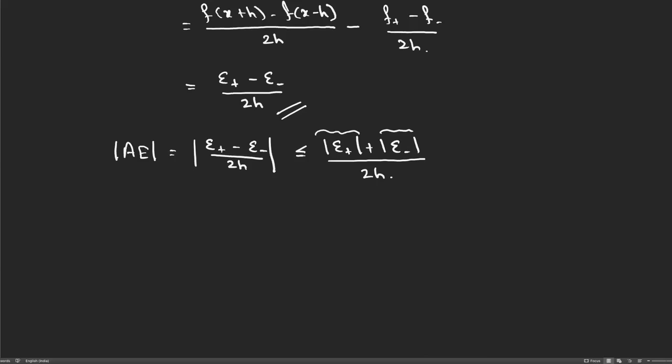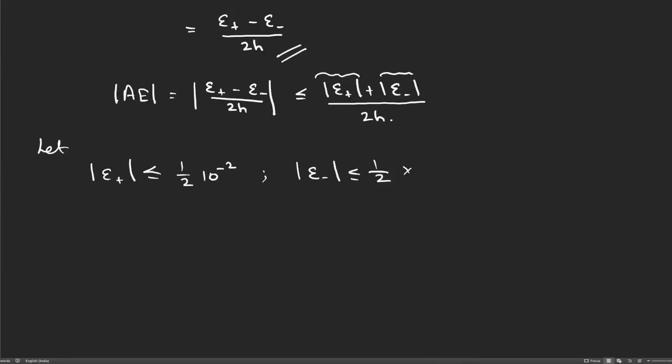Similarly, let us simply take that mod epsilon plus is less than or equal to 1 by 2 into 10 to the power of minus 2, and mod epsilon minus is also less than or equal to 1 by 2 into 10 to the power of minus 2. With this, you can write mod AE is less than or equal to 1 by 2h into 10 to the power of minus 2, right?